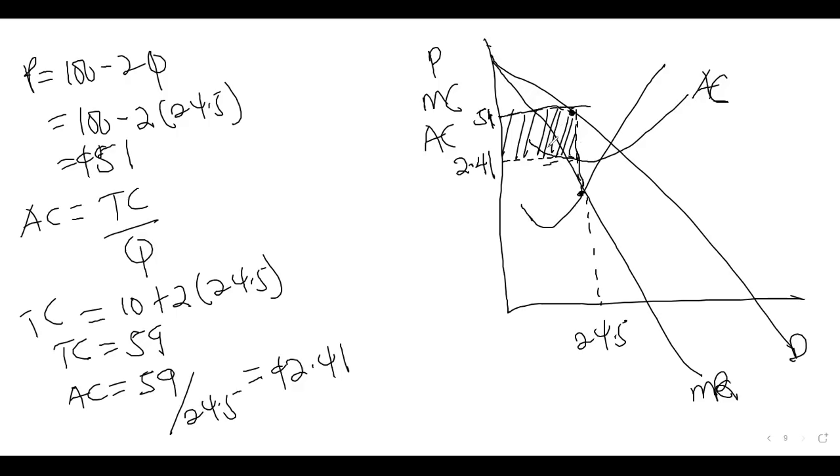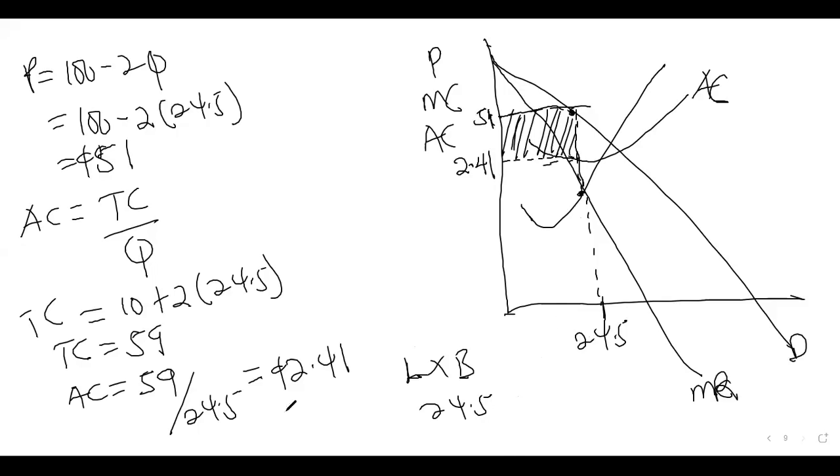How much the price exceeds the average cost is your profit. That means that we will find the area of this rectangle. Okay, so that is the profit region. Now, to get the profit is simply length times breadth, okay? So the length is 24.5. The distance between here and here is 24.5. Then the breadth is the distance between 51 and this.